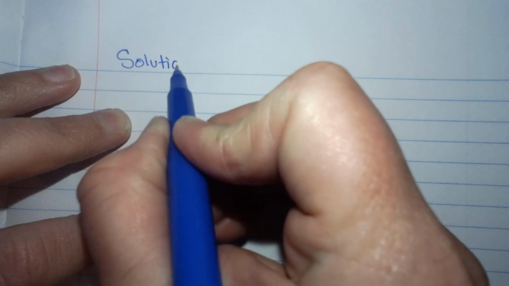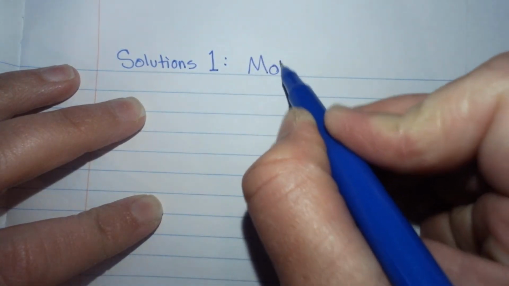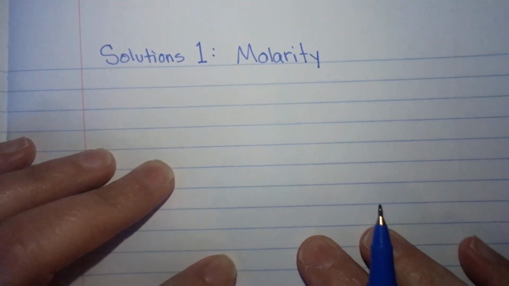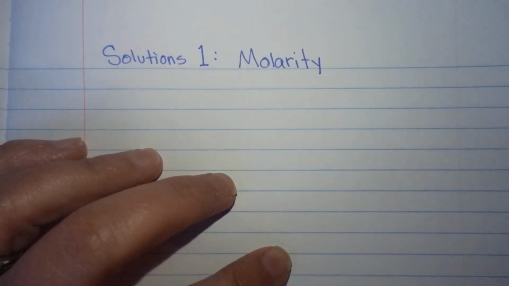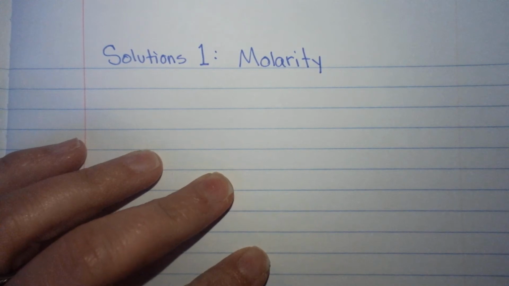Molarity notes. So, solutions. Number 1, molarity. As we always do when we start with these notes, what do you see in the word that we're trying to learn today?